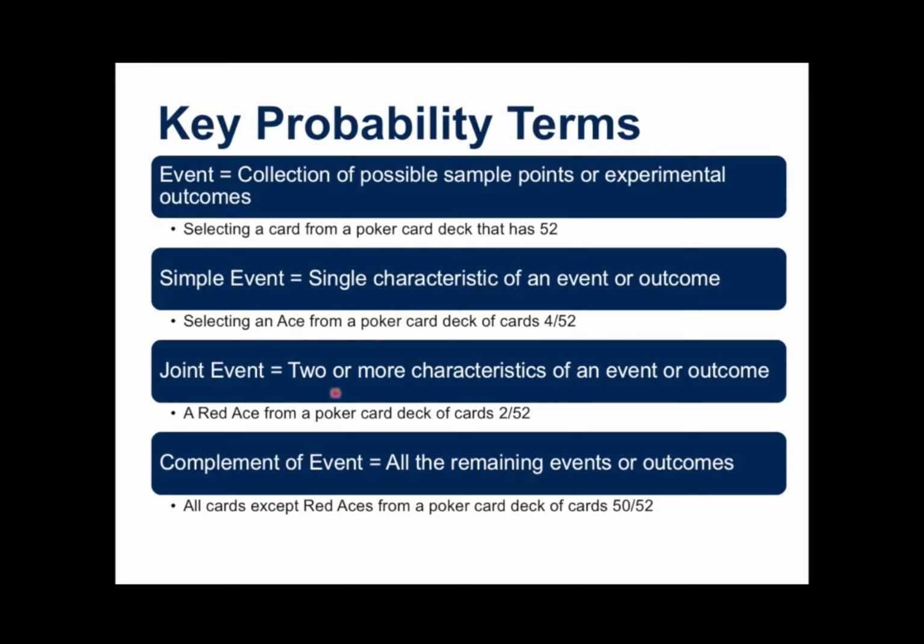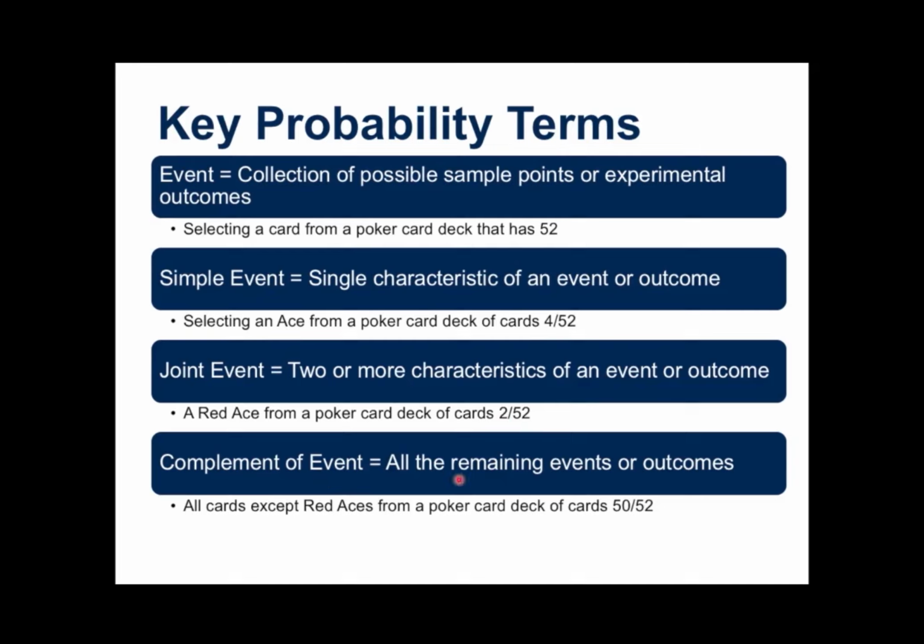And a joint event is where we have 2 characteristics of an outcome. So here you have a red ace from a poker deck. It's a combination of 2 things, or a joint event, because it's both an ace and it's red. So now it's even harder to get one of those, and we know that if you're a card player at all. So 2 out of 52 versus just selecting any old ace where there's 4 out of 52.